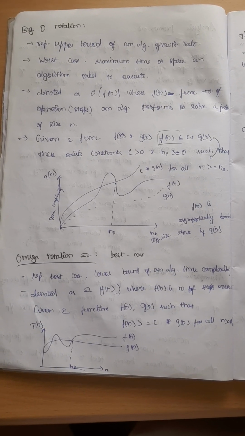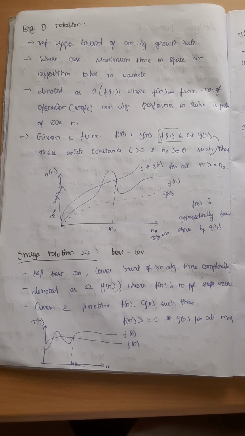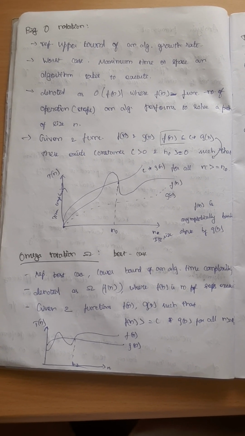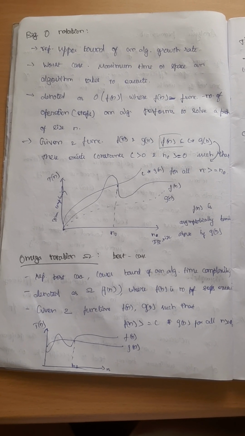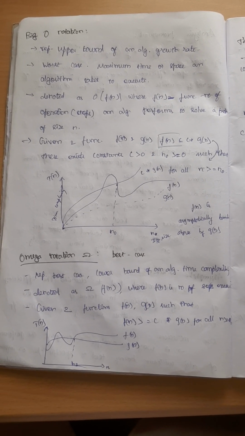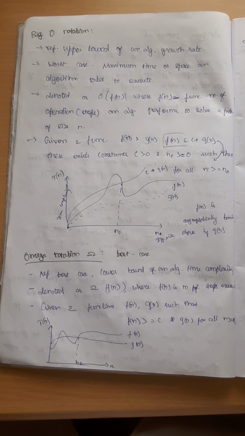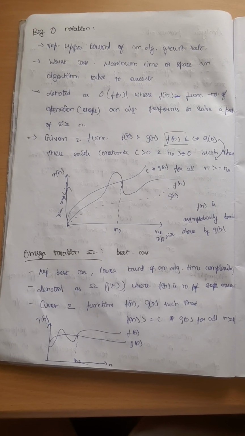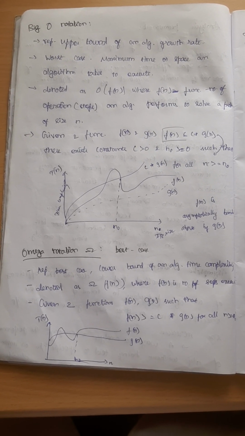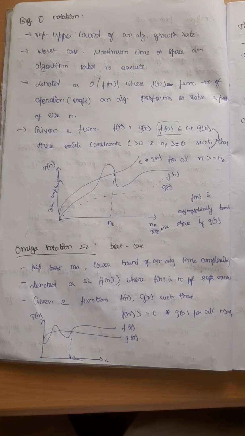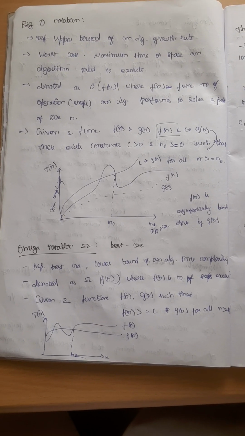Given two functions f of n and g of n, such that f of n is greater than or equal to c star g of n for all n greater than or equal to n naught, and the diagrammatic representation of omega notation.